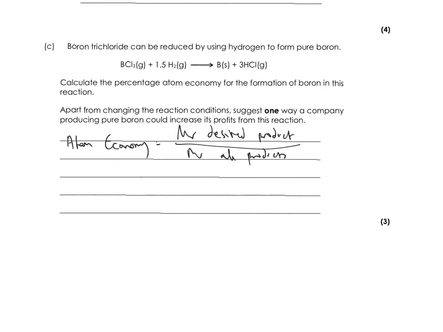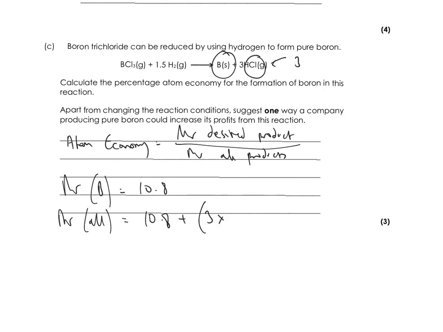So the MR of the desired product is the formation of boron. So the MR of boron is 10.8, and there's only one of them in this reaction that's made, so it's 10.8, and the MR of all is going to equal 10.8 added to 3 times HCl, and HCl is 35.5 plus 1, so 3 times 36.5.